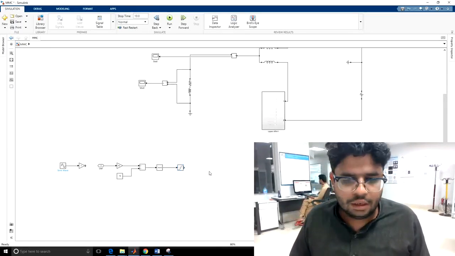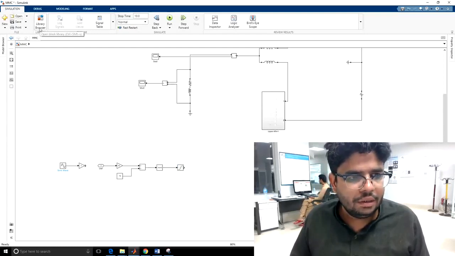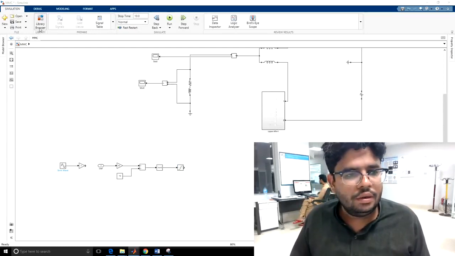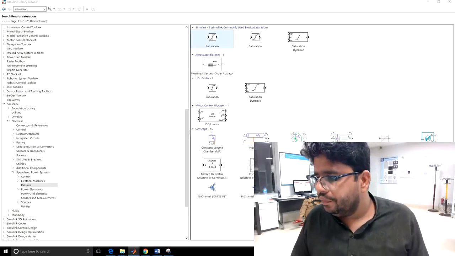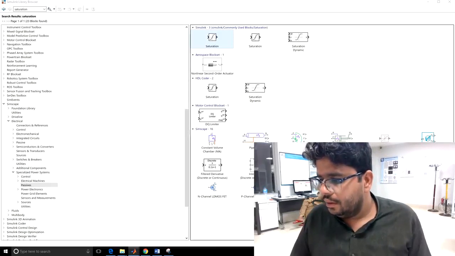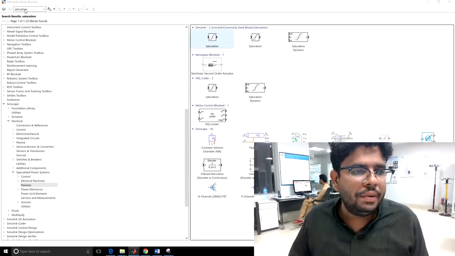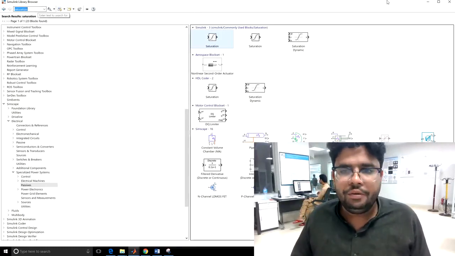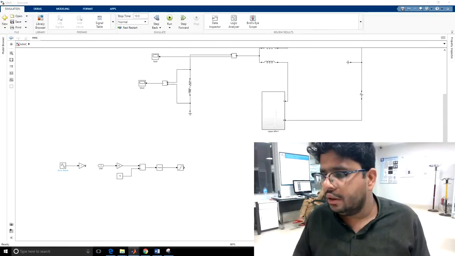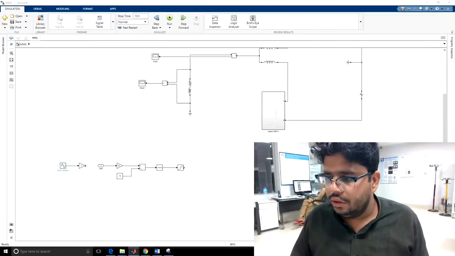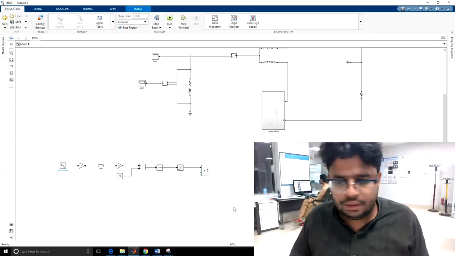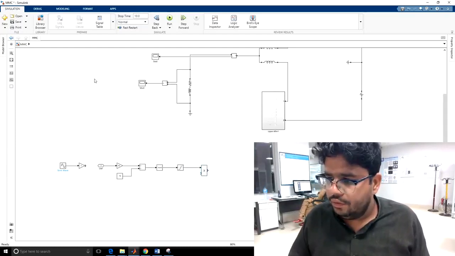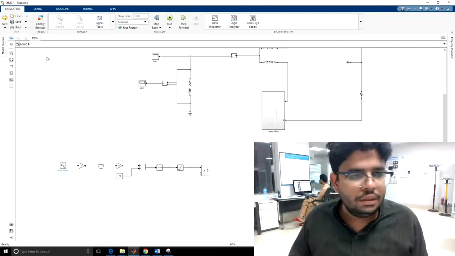Alright, after then I need a comparator block. The block name is basically relational operator. So I need to pick up a relational operator block. So, alright, this is a relational operator block. Alright, we need to take a not function.